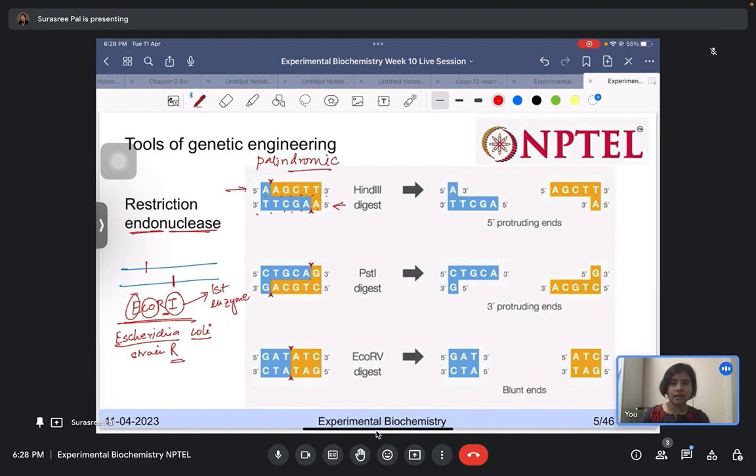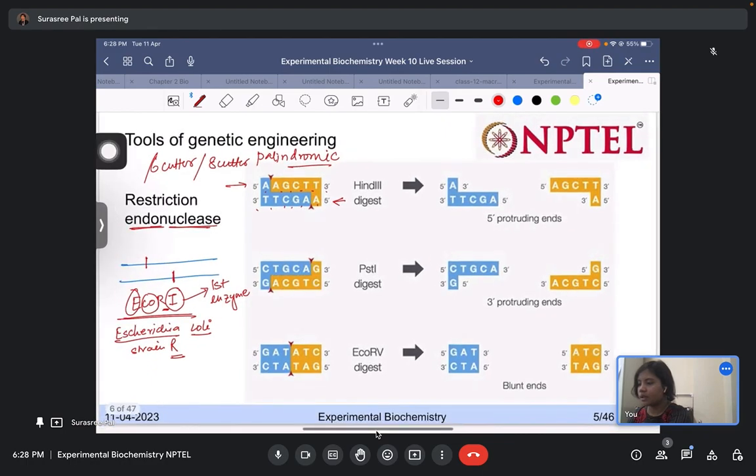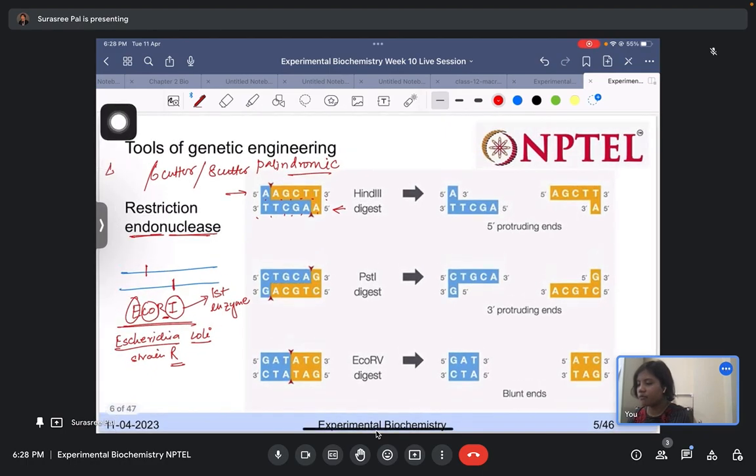Now, the sequences that the restriction endonuclease can recognize can be 6 bases long, or 8 bases long, or even 4 bases long. Whether it recognizes a sequence which is 4 bases long, then it is called a 4 cutter.